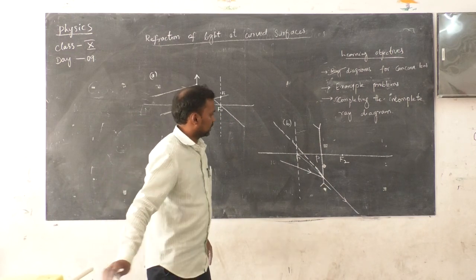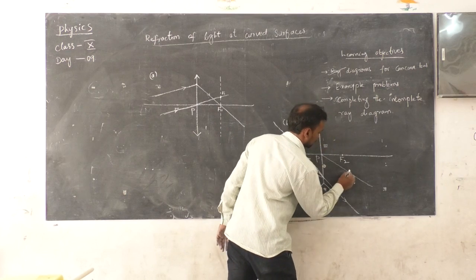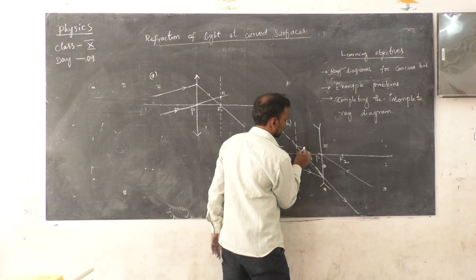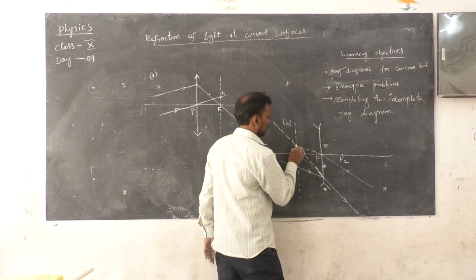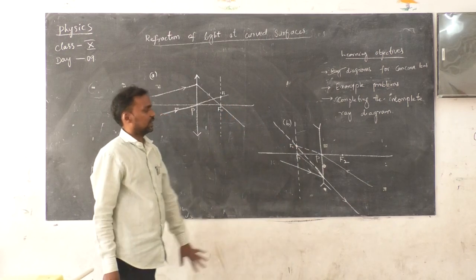Next, from this point, you draw any line which is passing this one, like this way, and extend this way as well. This meeting point is focal point F0. This is the completion of the ray diagram.